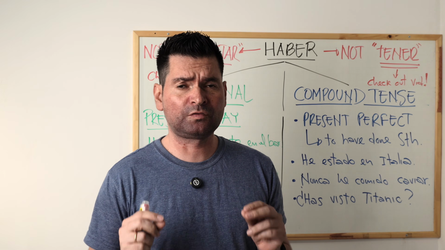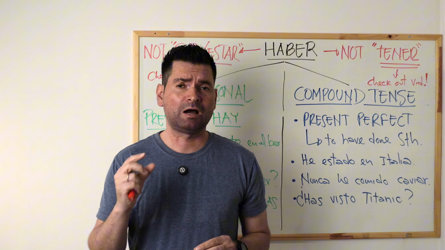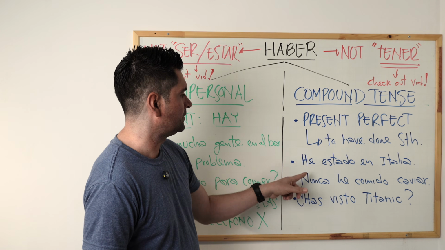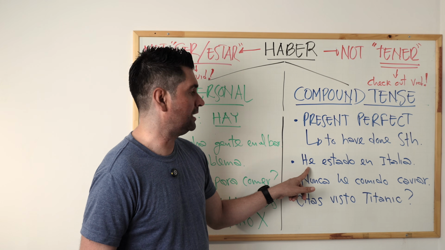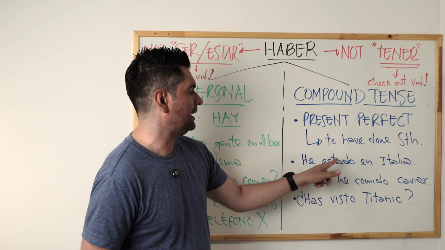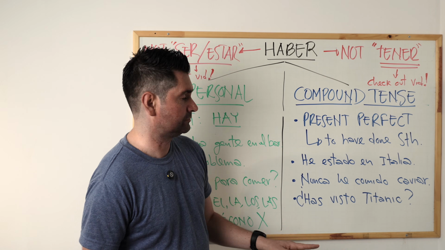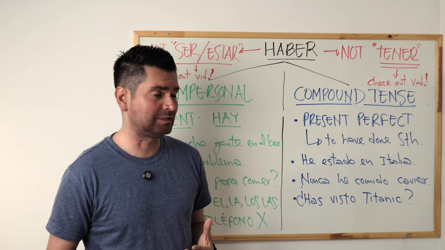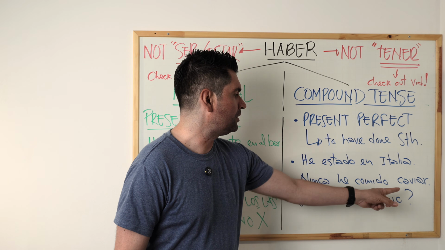Now, even though I'm not focusing on the compound tense, I want to give you some examples so you have an idea. Here, the verb to have conjugated and the second verb ending in ado or ido. He estado en Italia. I've been to Italy. Nunca he comido caviar.